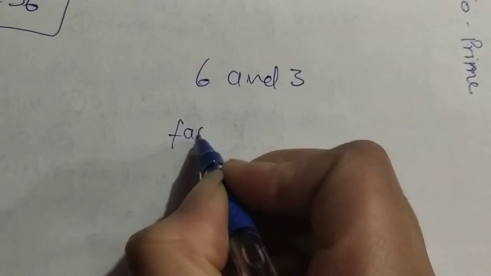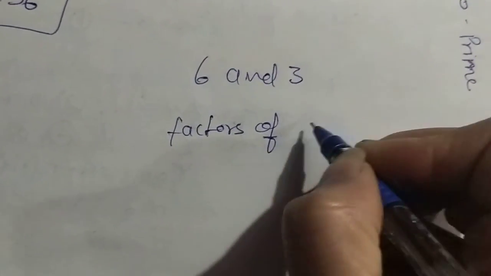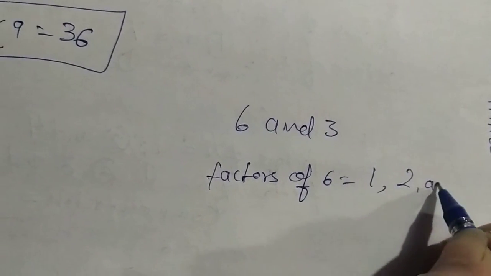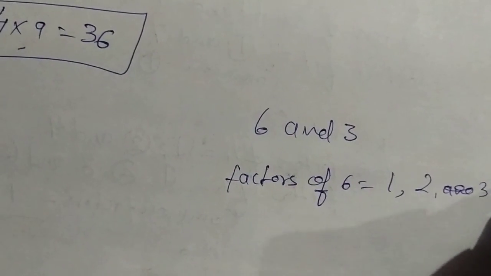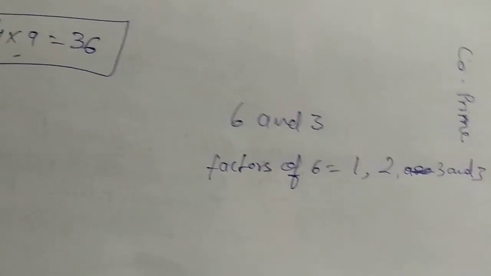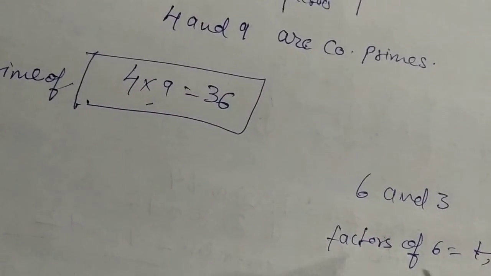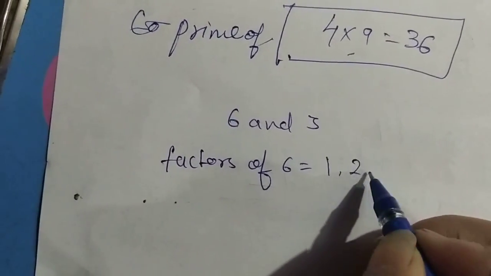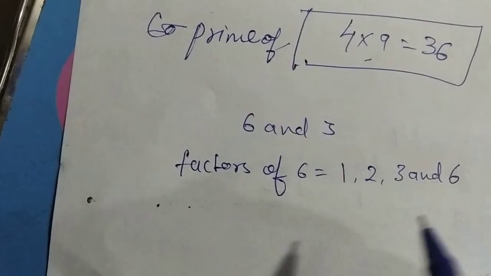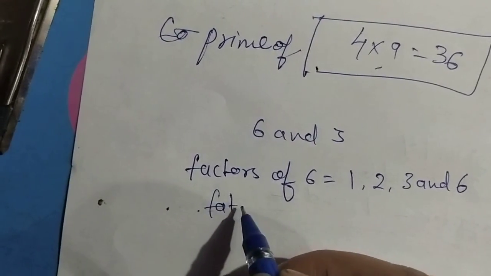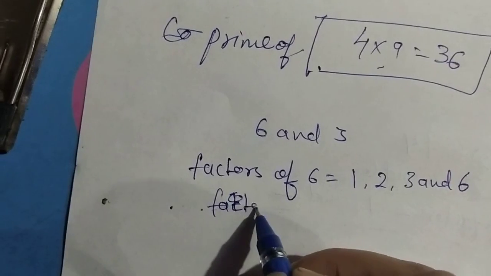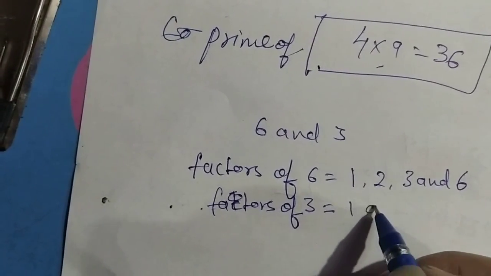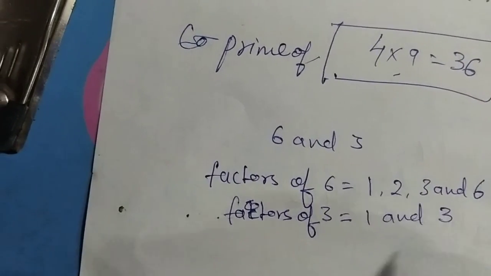So factors of 6 equal 1, 2, 3 and 6. Now factors of 3 equal 1 and 3 only.